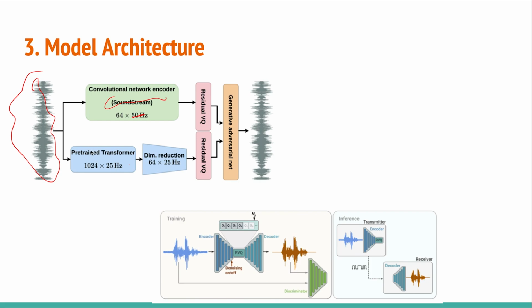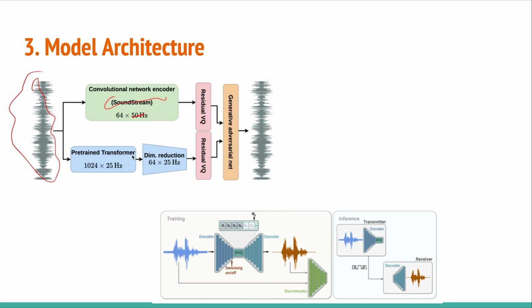And as you can see, each of them is some kind of feature extractor or encoder, right? And the outputs of those are fed into something called a residual vector quantizer. Before going there, the pre-trained transformer output, which is of dimension 1024 at every frame, is reduced to 64 dimension using this dimension reduction module, which is just a simple linear layer from 1024 to 64.